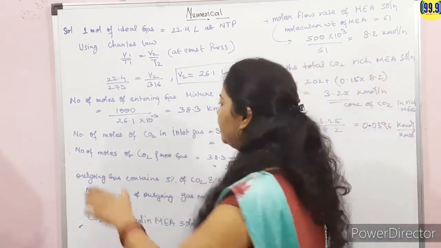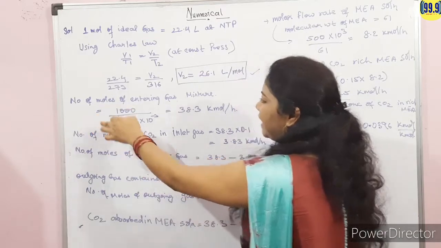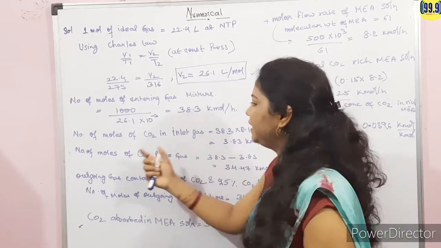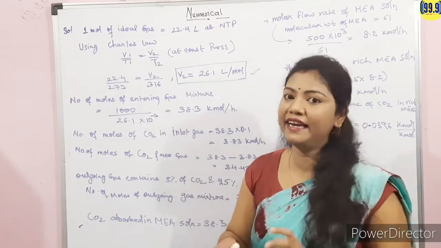Okay, now we calculated the number of moles of entering gases and the number of moles of the carbon dioxide in the inlet gases.